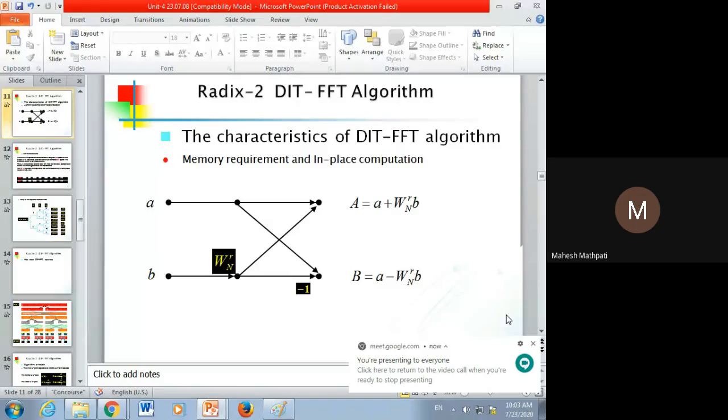In such computation, capital A is stored in place of small a, and capital B is stored in place of small b. This is called in-place computation.